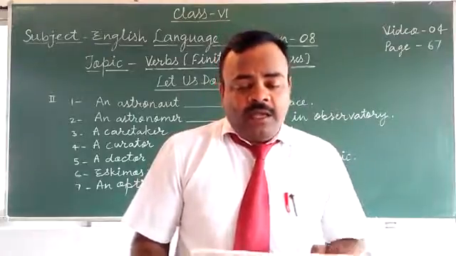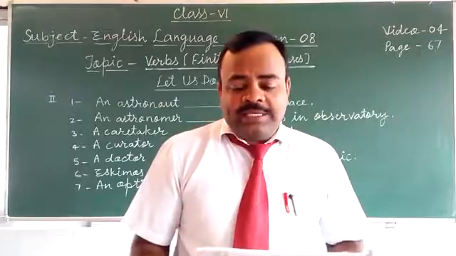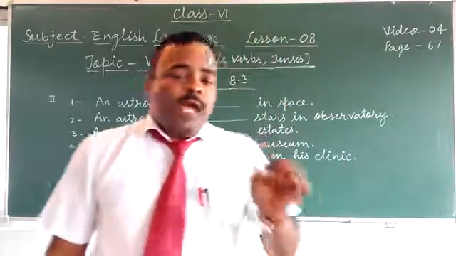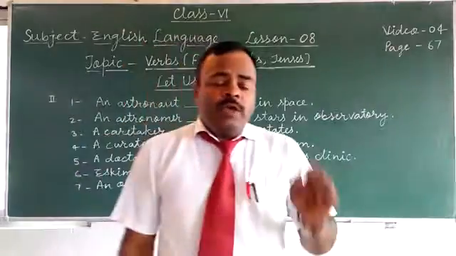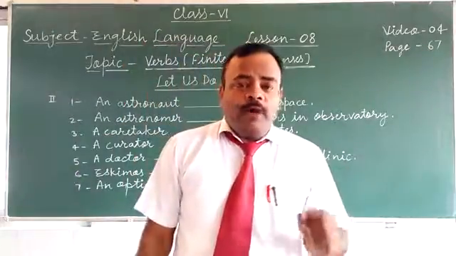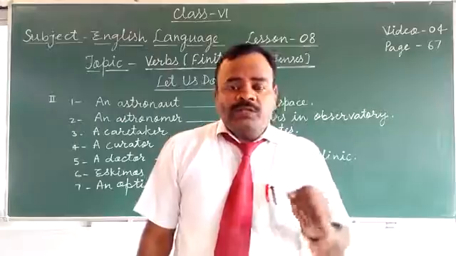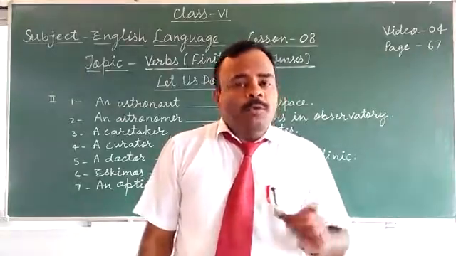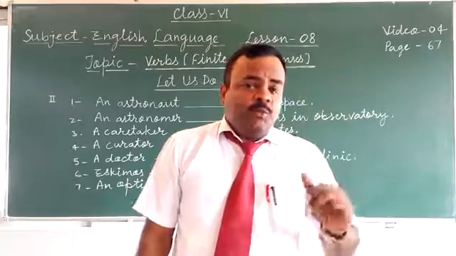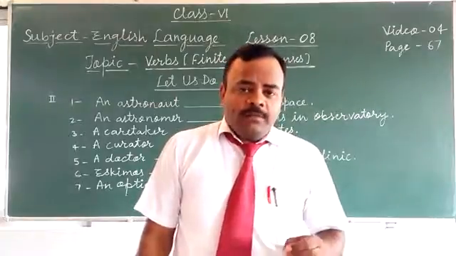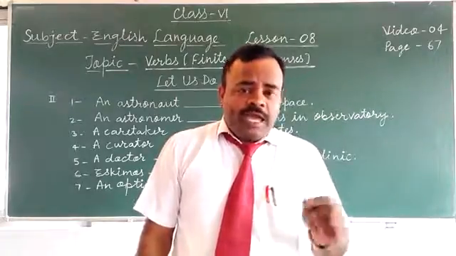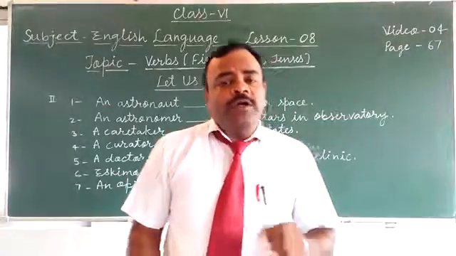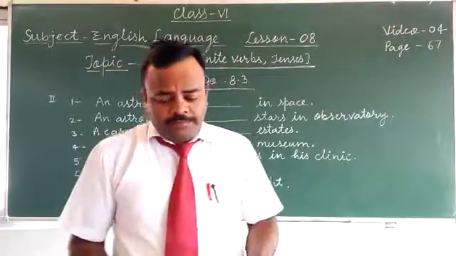Add s or es to singular verbs. As you know, we use singular verb with singular subject and plural verb with plural subject. To make the verb singular, we add s or es to the first form of the verb. Okay?